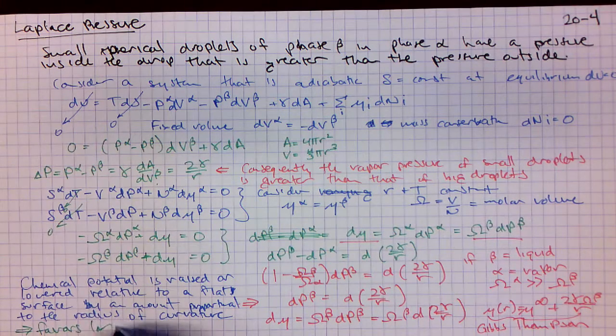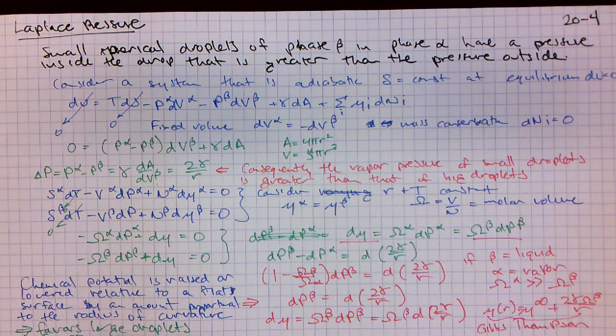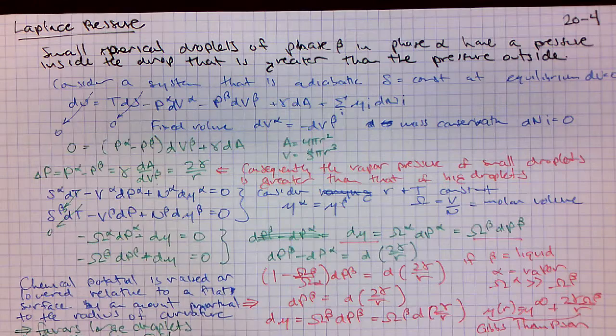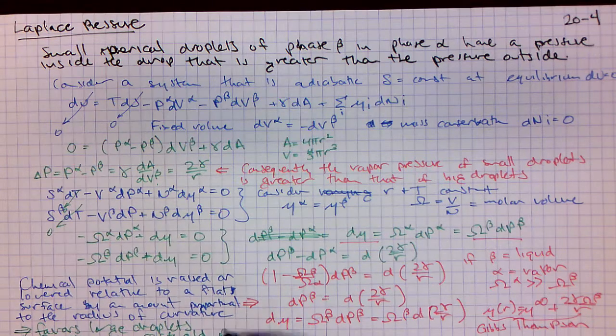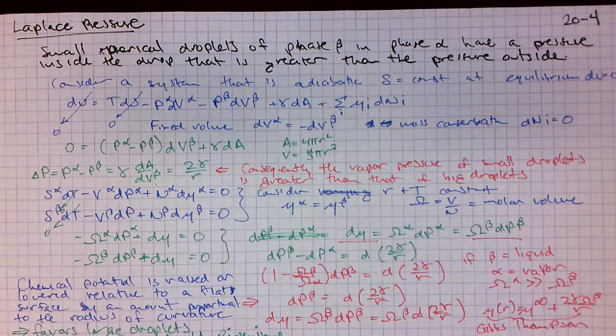It favors large droplets, so we get coarsening, or Ostwald ripening. All comes from this basic physics.